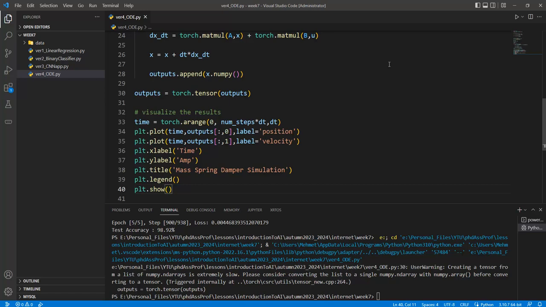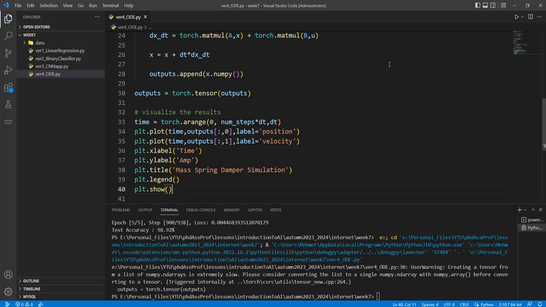We can create the neural network model to represent the A, B, or this dynamical system as a black box model. Yes, we can use recurrent neural networks, but in this case we only use the feed-forward neural network, but you may use a recurrent neural network.